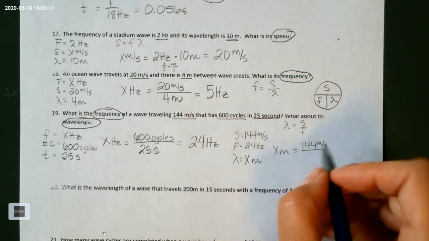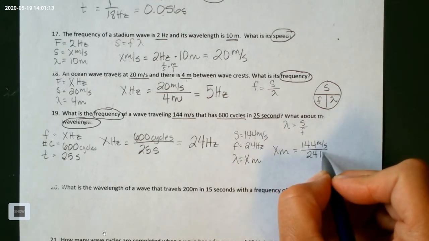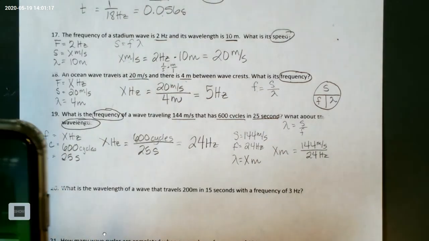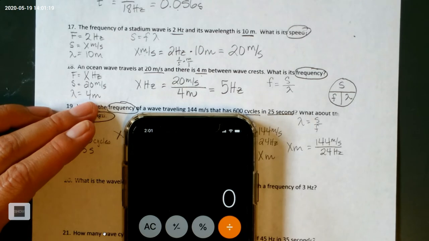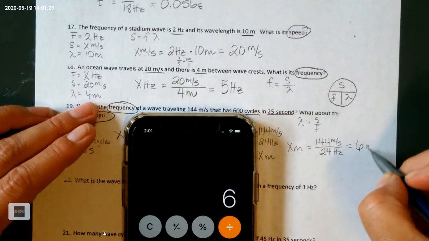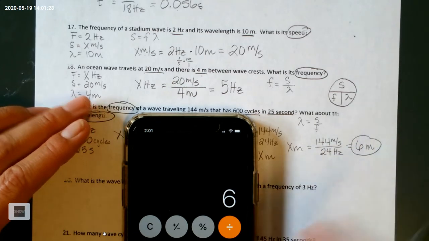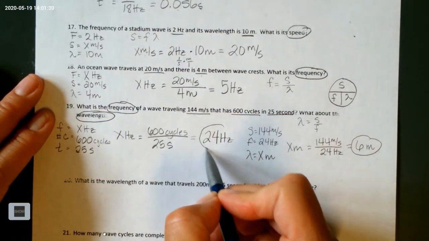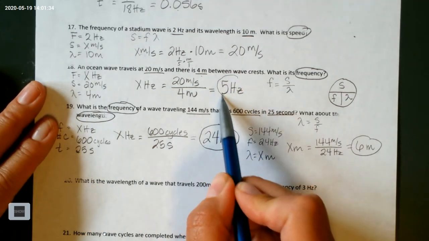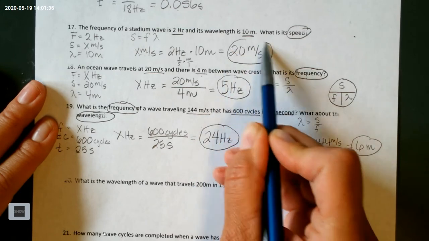We're going to divide that by our frequency of 24 hertz. So when you do 144 divided by 24, you get 6, and that is meters. So 6 meters. I'm going to circle both the answers since this one happens to have 2 in it. Probably circle the rest of them up here too.